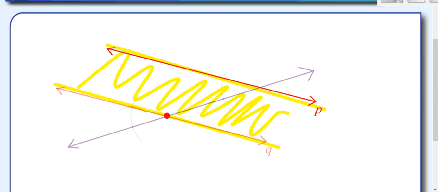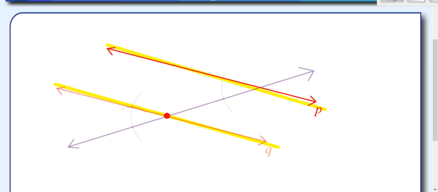Alternate is the opposite of same side. We already talked about same side interior. Alternate would be the opposite of that. It would be on the opposite side. So like those two yellow highlighted angles. Or these two green highlighted angles. Those are alternate.